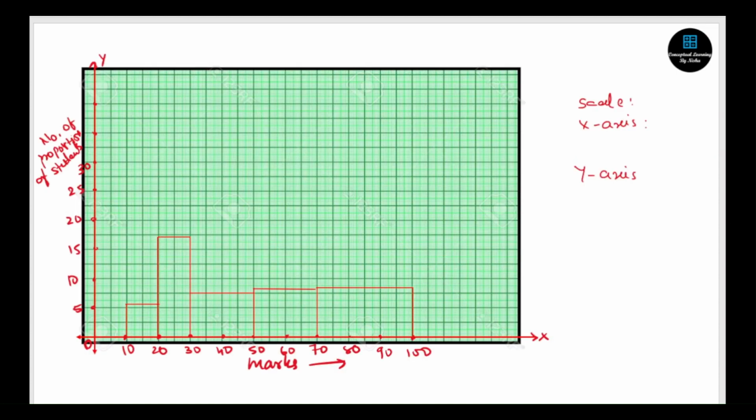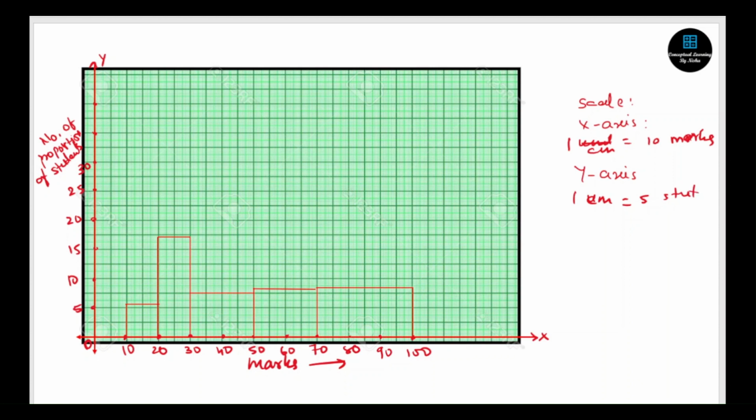So you have to write here for the x-axis, 1 unit or 1 centimeter equals 10 marks, right? And y-axis, 1 unit or 1 centimeter equals 5 students.